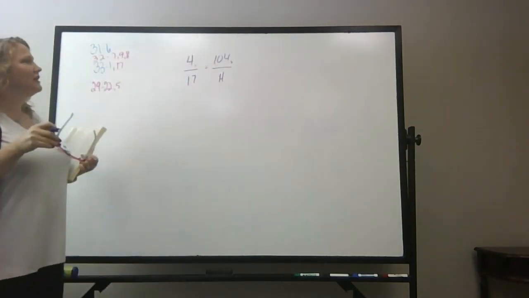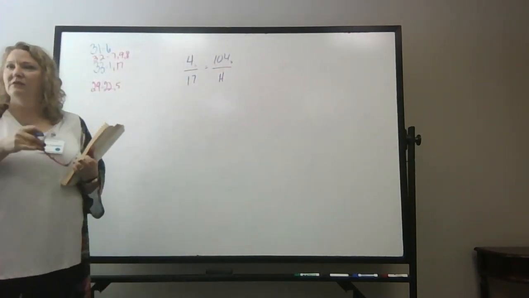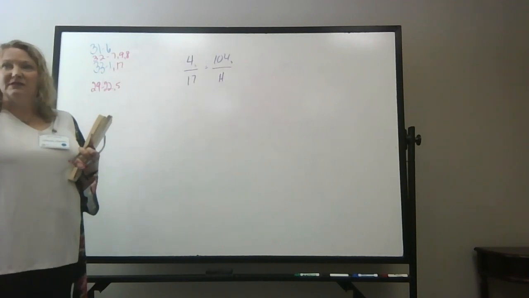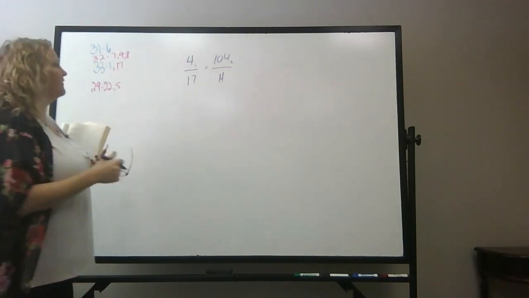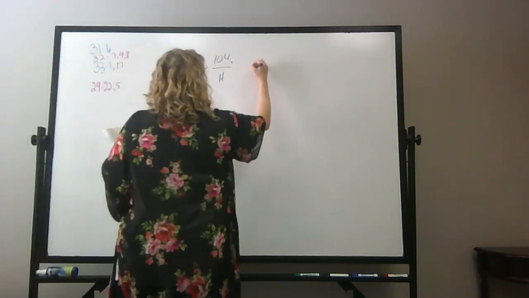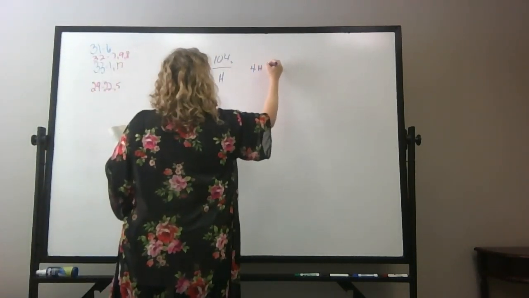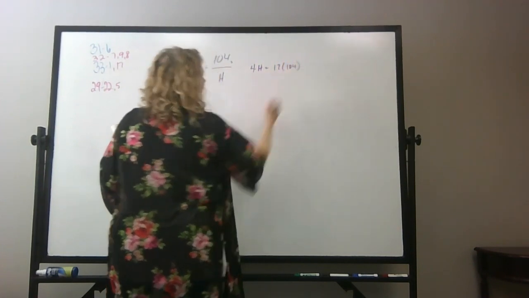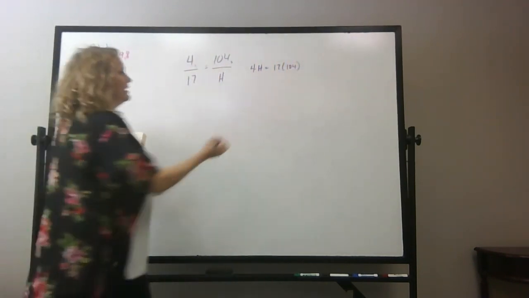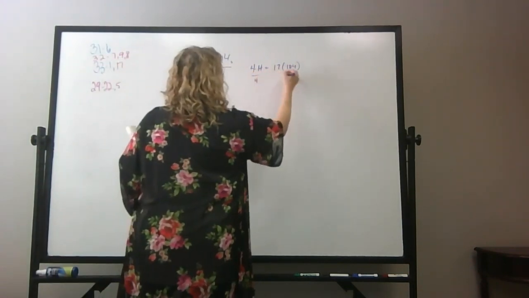Okay, they told us that this was 4/17 are Sybarites, and then they say there's 104 Sybarites. Just making sure that you get the same item, and always put the same thing in both equations. So you put the same thing in the top for both of them, and then just cross multiply. So I wind up with 4H equals 17 times 104, right? And then I divide both sides by 4.